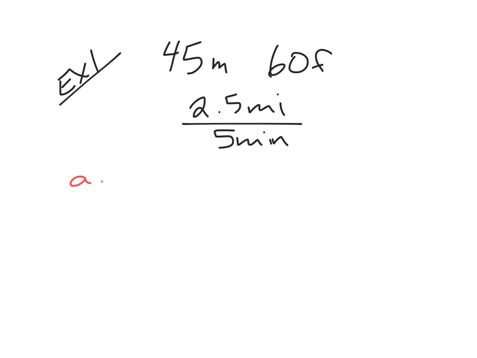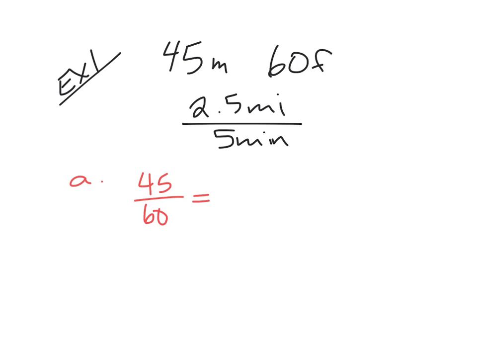When you hear the ratio of males to females, males is on top of the fraction, females is on the bottom. How many males are there? 45, so I'll put that on top. How many females are there? 60. The last thing you have to do when you're doing a ratio is reduce.